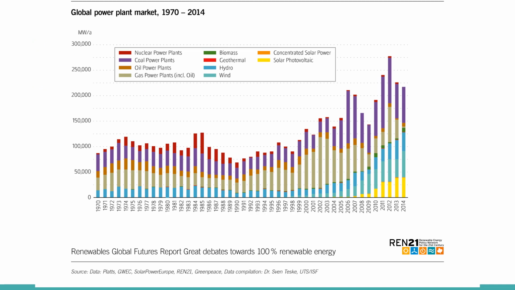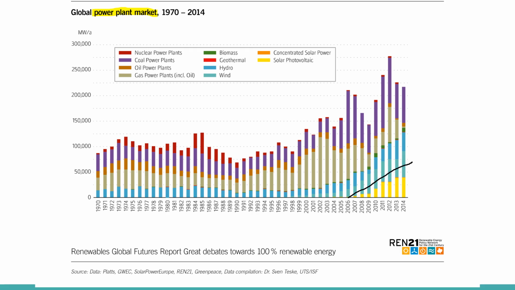Now, the global market for power and different sources is changing, and at the moment what we see is a huge growth in photovoltaics, the yellow bars here. And we are not actually talking about the volume of energy that we produce. We talk in this slide about the power plant market.